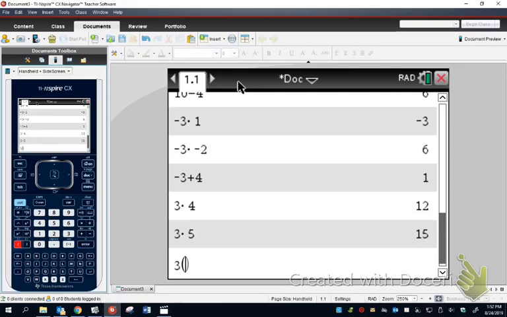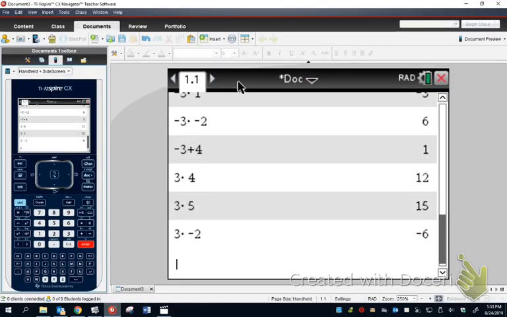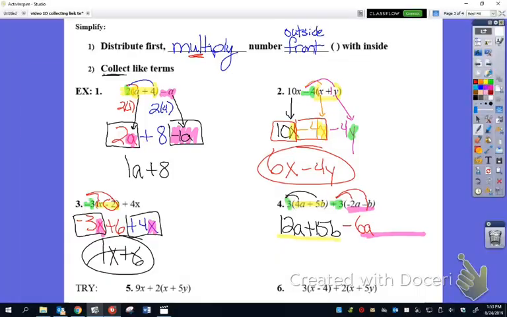So 3 parentheses negative 2 is negative 6. So minus 6a, and then 3 times negative 1. Now I have to put that negative 1 in there. 3 parentheses negative 1, and that's negative 3. So you've got minus 3b. Now look at your variables.